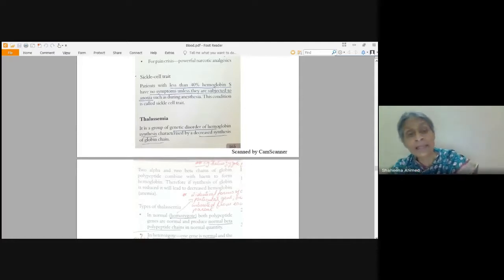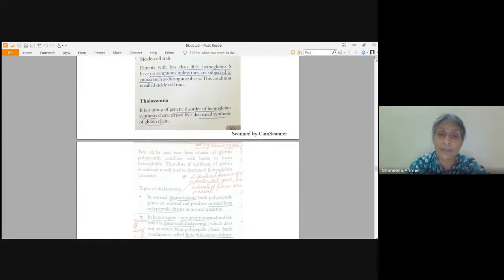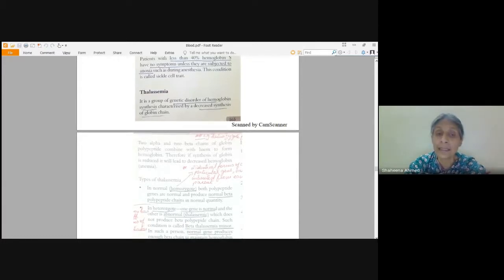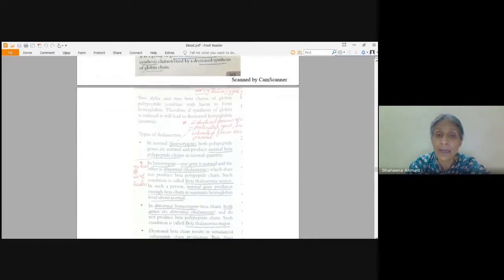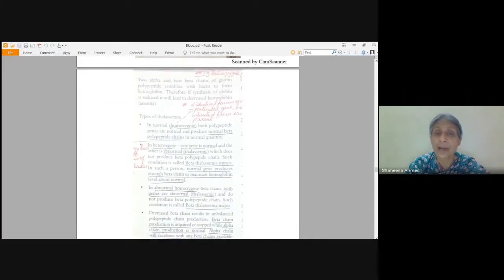Now let's look at thalassemias. Thalassemia is a genetic disorder related to hemoglobin synthesis, and in this, the chains of hemoglobin become defective. Now, hemoglobin is made up of two types of chains, alpha chains and beta chains. There are two alpha chains and two beta chains.